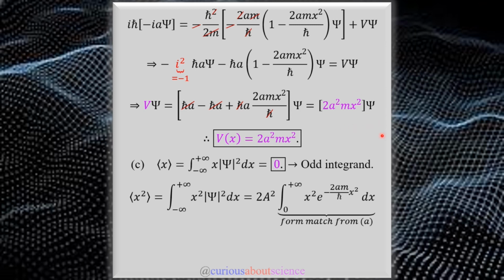I'm just hesitant on canceling wave functions because in quantum mechanics and other classical theories, we have to apply an operator onto the function, so canceling those things doesn't always work out well. And we'll see more examples of that when we get into chapter 3 of how to deal with that. Nonetheless, this is our potential energy function where it's 2a squared m x squared.